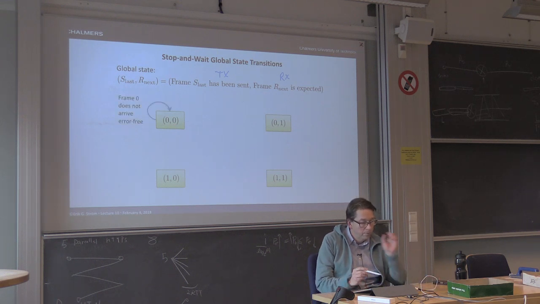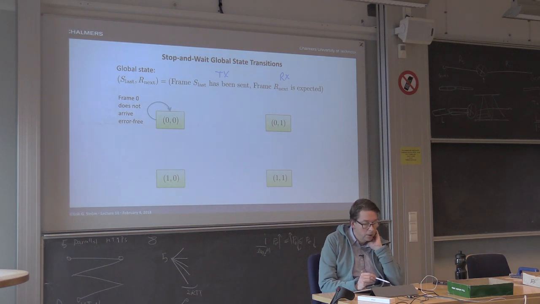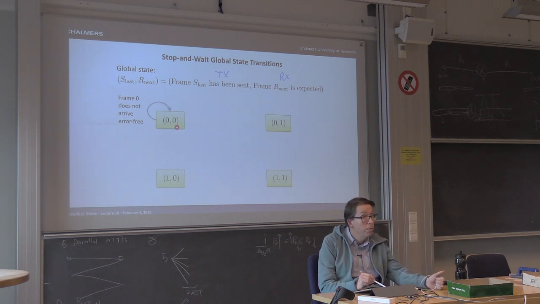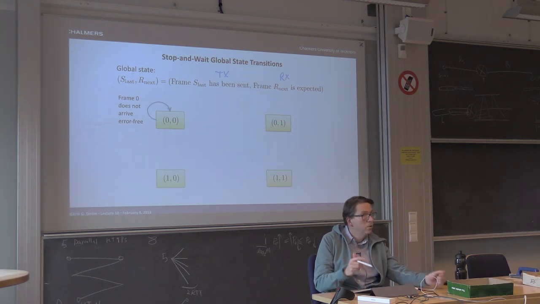Okay. What can happen then? Two things can happen. That the frame 0, which we have just transmitted, does not arrive error-free. As long as that happens, then R next will never be updated. It will remain to be 0. There are ACKs sent back and forth and so forth.